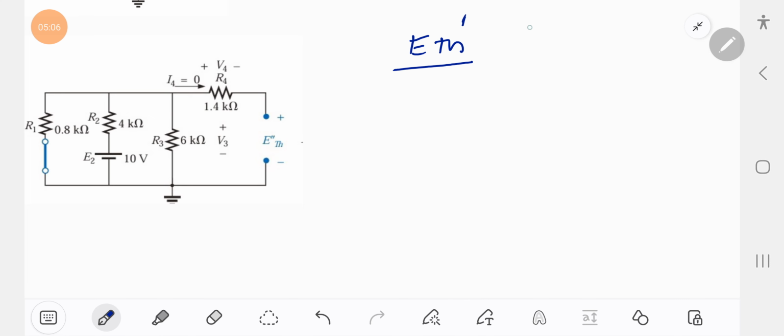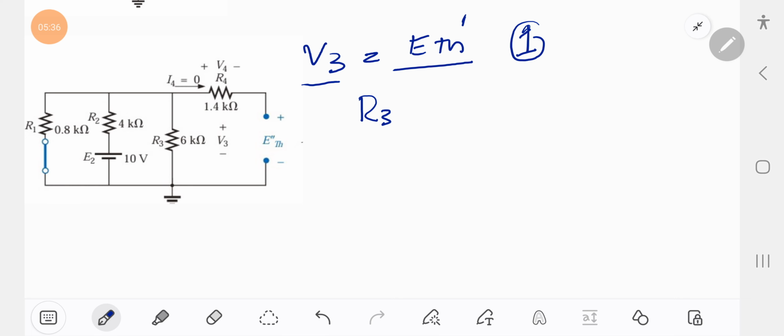So for circuit 1, now when we return the E2 here, ETH is actually across the resistance R3. So ETH is actually equal to V3.